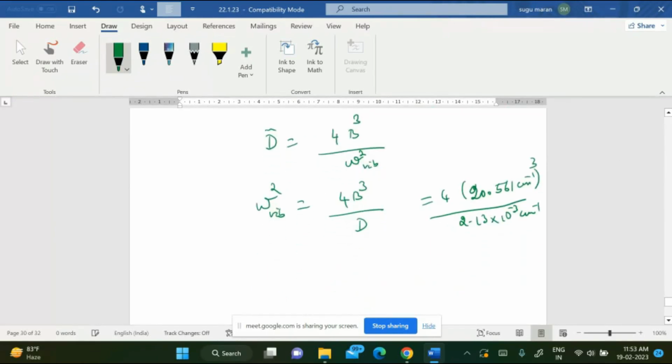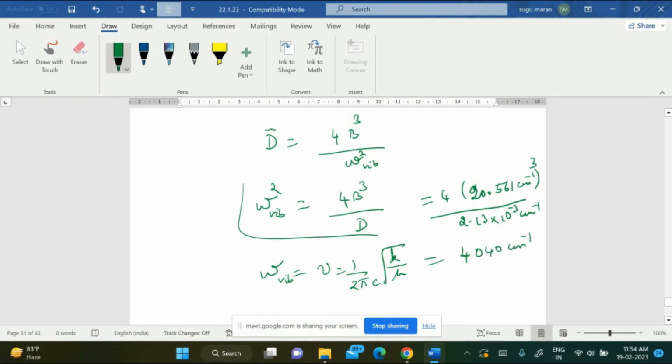So from this, I can calculate my omega, which is your vibrational frequency, as I said earlier. Which is nothing but 1 by 2 pi c, if it is in centimeter inverse, root of k by mu. If you do this, it will be around 4000 centimeter inverse.